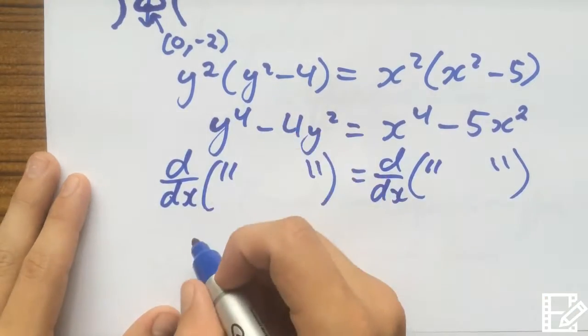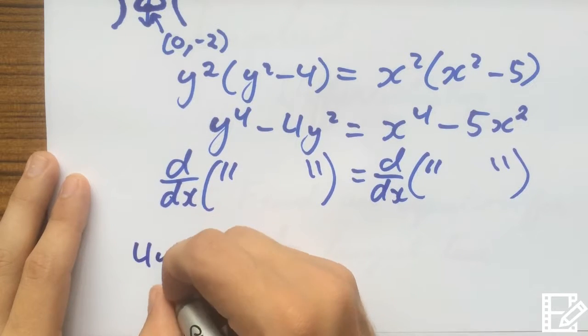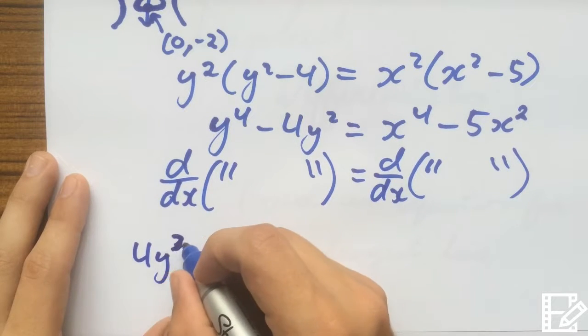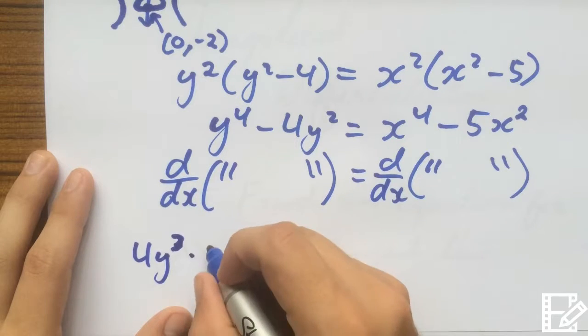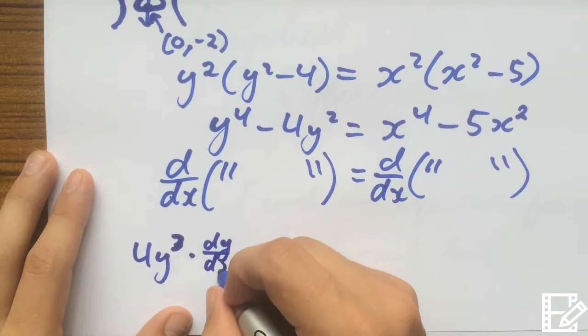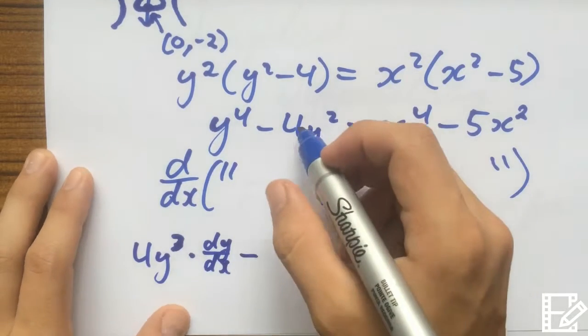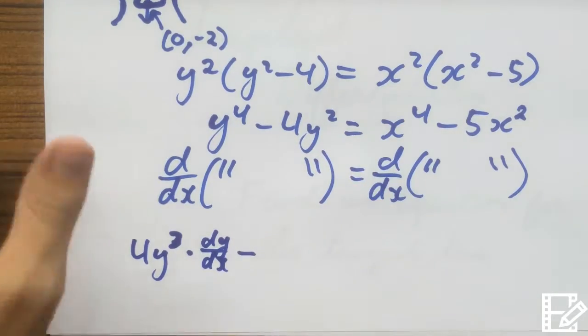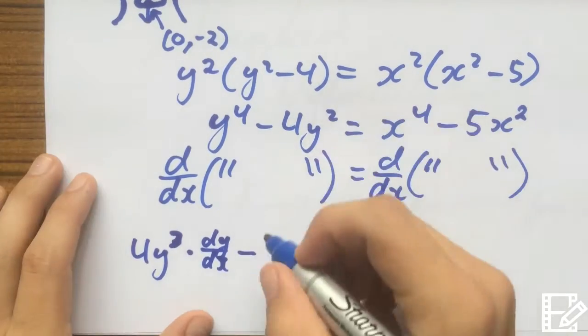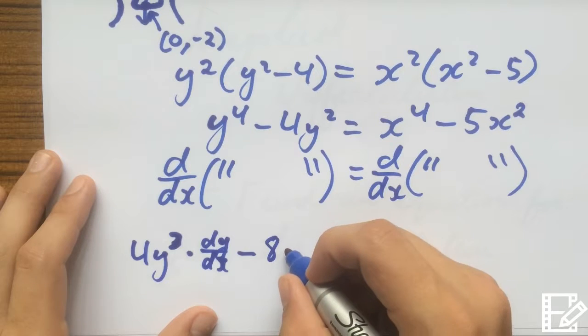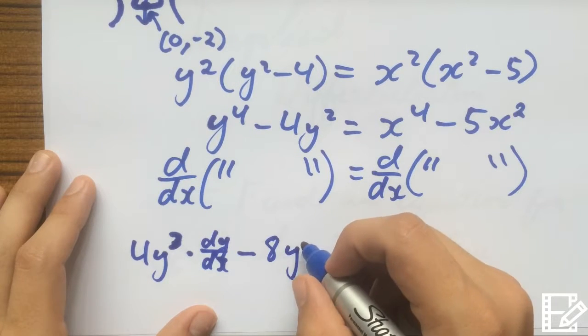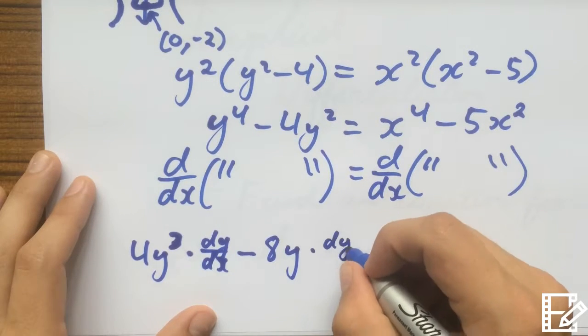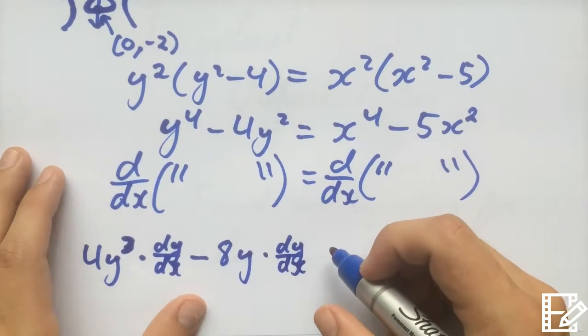So, derivative of y to the power of 4 is 4y to the power of 3 multiplied by dy/dx, minus 4y squared is going to be, bring the 2 down, 8y multiplied by dy/dx, because that's the derivative of y.